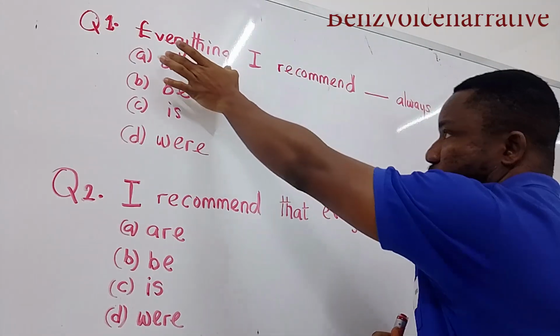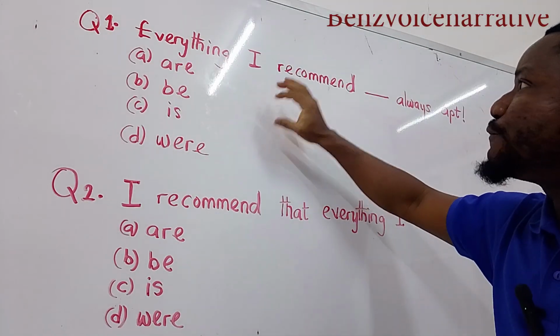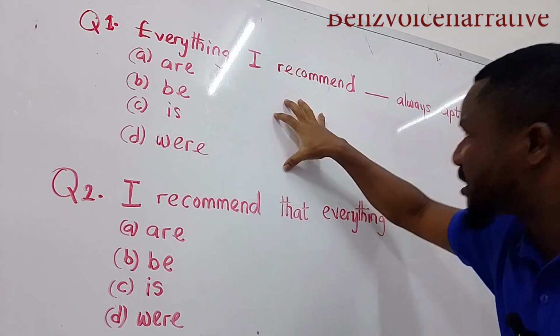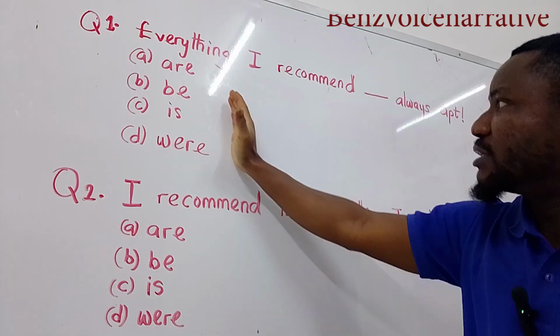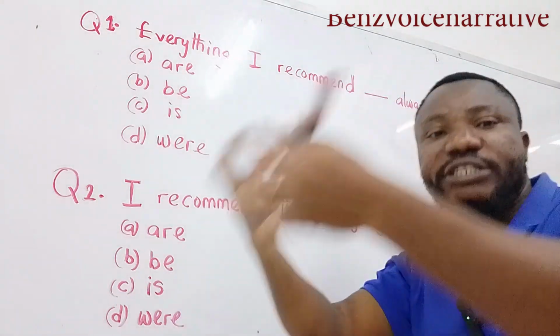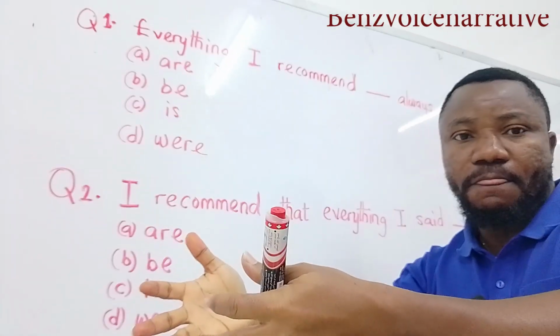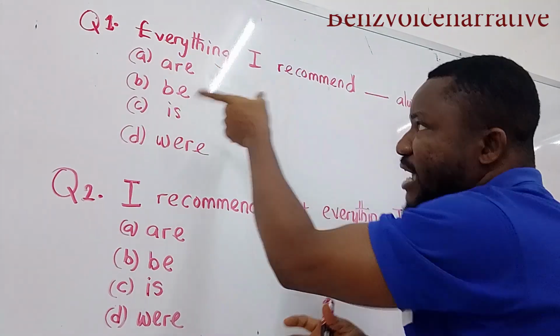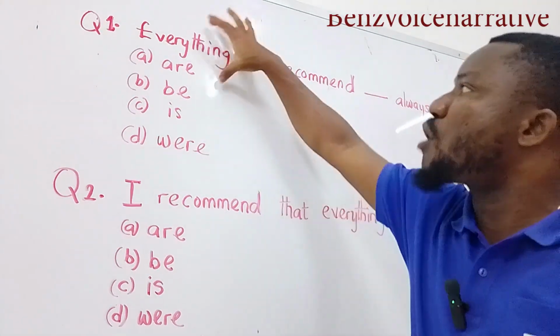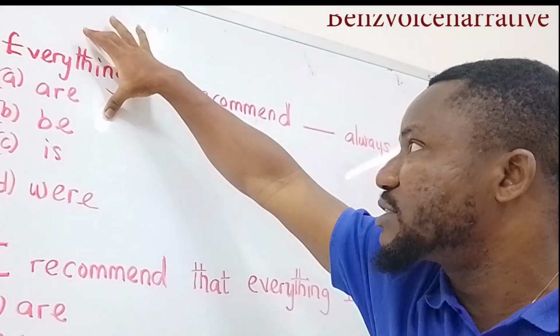The focus is here. Another thing to point out is that for a mandative subjunctive structure, we usually begin the structure, the sequence, with the person performing the action. The subject always comes first. But in the case of this question, we have the object starting the sentence.